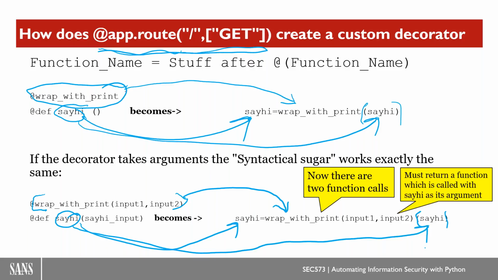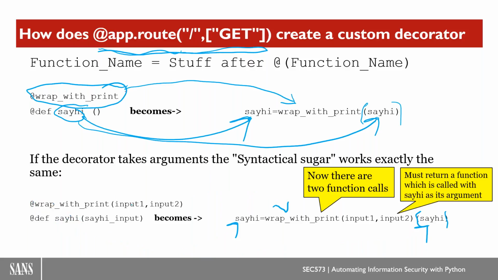So this syntactical sugar here, wrapping prints with inputs, is once again equivalent to this line over here, where we call wraps with inputs, pass our arguments, and then we call another function here and pass in say hi. So we've got two function calls that are happening here. Now, when we do this more complex decorator, we've got this first function call, and we have this second function call.